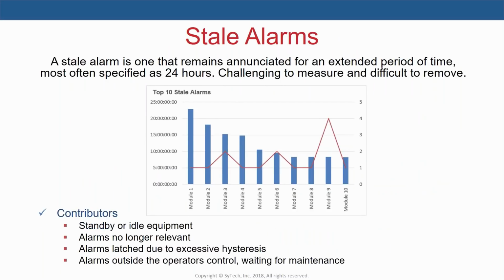Another key thing to look at again is the stale alarms, the alarms that are active for more than 24 hours. Those represent problem scenarios. Those are alarms that the operator is going to ignore because either his response doesn't make the alarm go away and there's no consequence occurring, or perhaps the alarm set point or limit is incorrect for the current mode. So those are alarms that we definitely want to fix or get addressed.